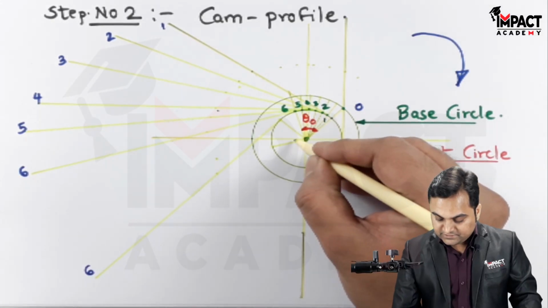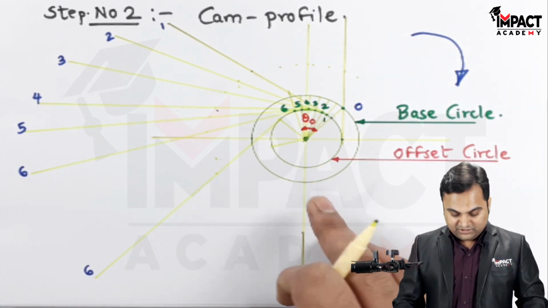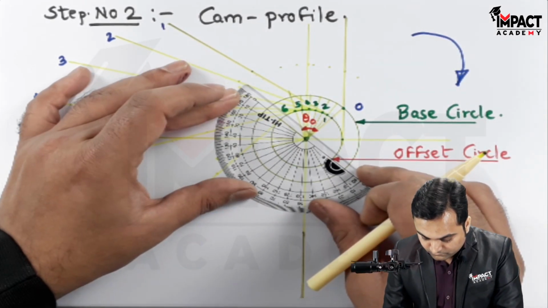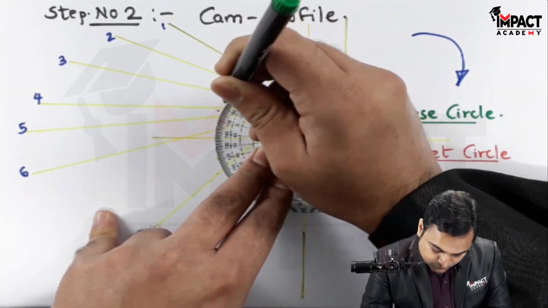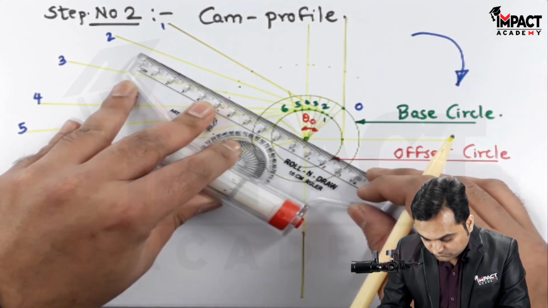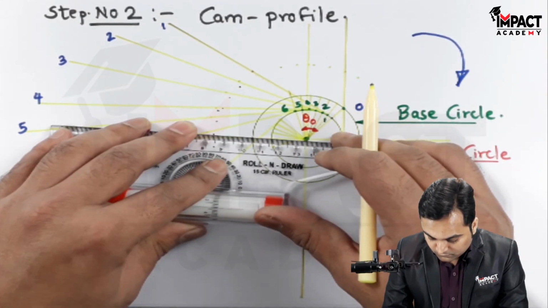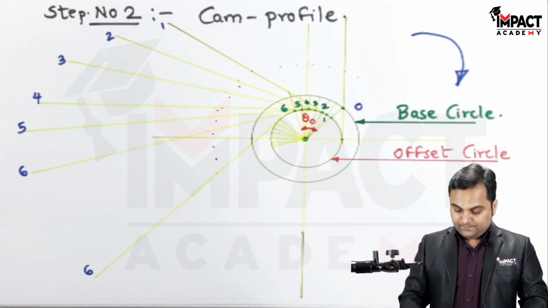This angle indicates 60-degree for the return stroke. Now dividing this angle into 6 equal parts like I have done for the outstroke, only up to the offset circle.